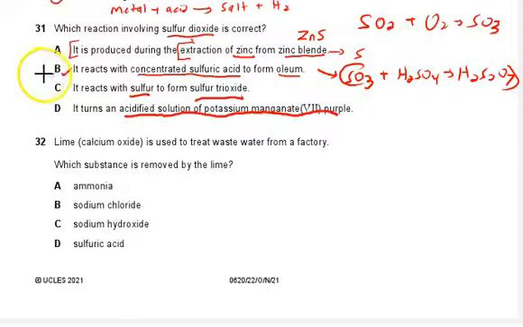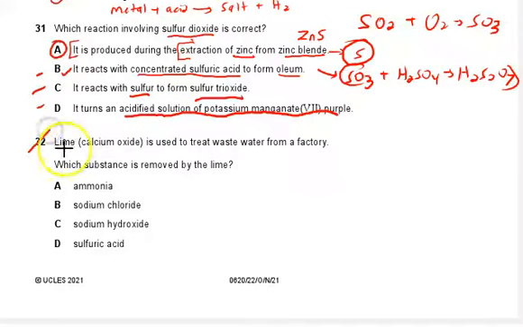So all the processes here, B, C, D, will produce sulfur dioxide. They have a relation to sulfur dioxide, except for A, because extraction of zinc from zinc blende will only produce sulfur, not sulfur dioxide.